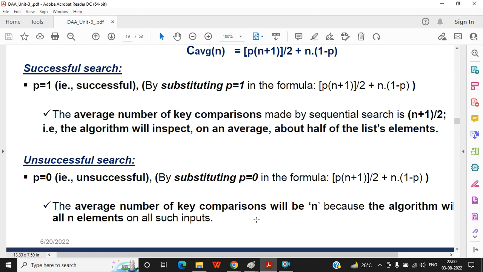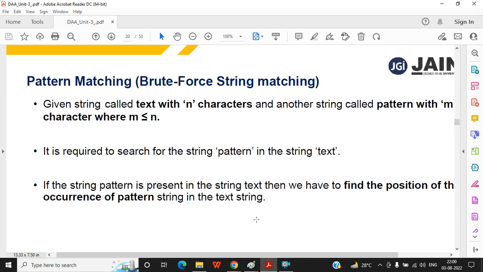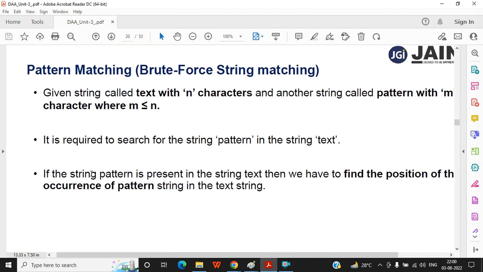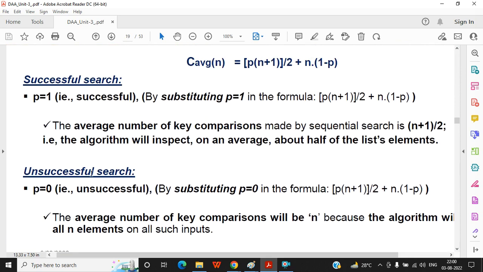Tell me if it is okay. Yes, everything we discussed so far, we got it. Okay. So pattern matching is next, but we will stop here today. It's already 10 o'clock.